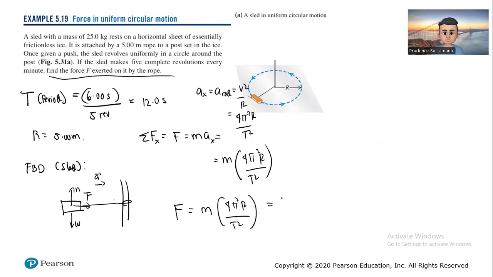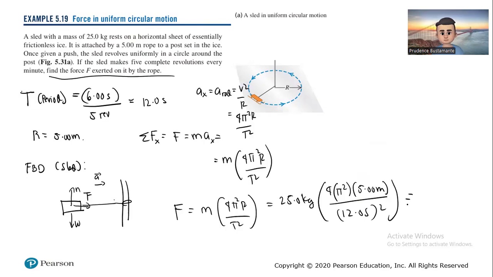So we have the mass, which is 25.0 kilograms, times 4 times pi squared, times 5.0 meters, over 12.0 seconds squared, which is equal to 34.3 Newton.